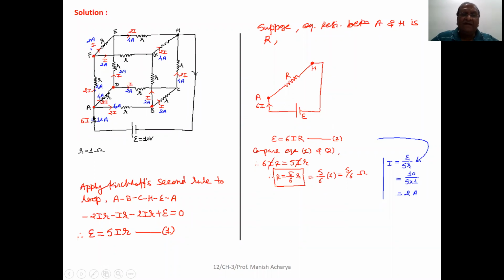It implies that now we can say the battery is supplying 12 ampere current. Now all these are the blue answers. So A to B, the current is 2I, means it is 4 ampere. B to C, current is I, means 2 ampere. In this way, you can represent currents through each edge of the cube. Clear to all of you?